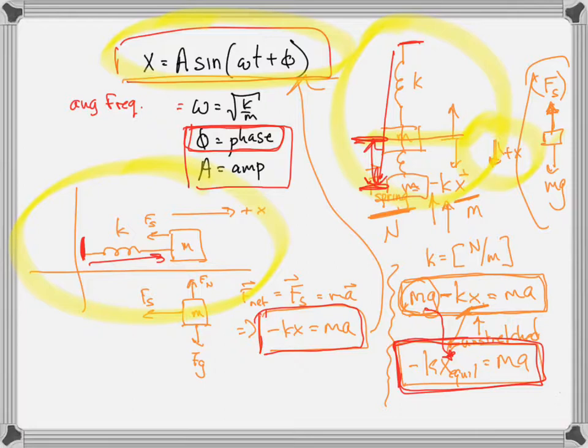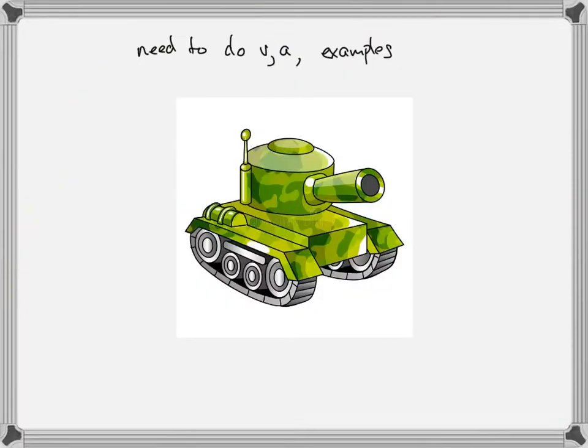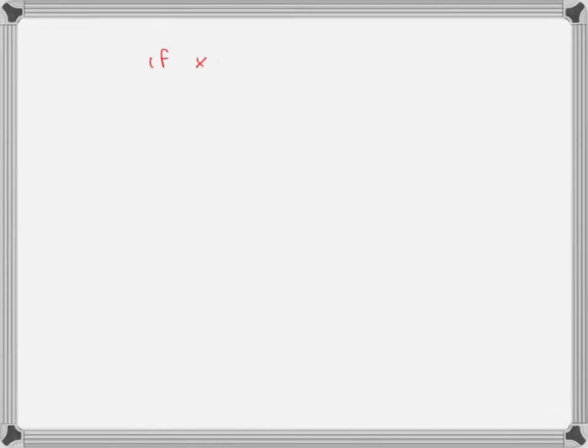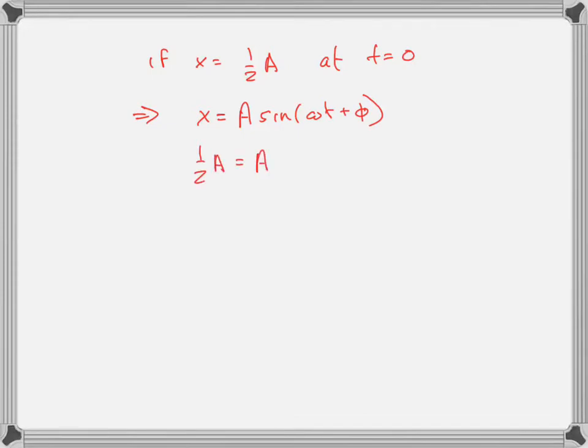For example, let me write on a new page. If x is equal to 1/2 a at t equals 0, in other words we start the stopwatch not when it's at a maximum displacement from equilibrium, then in the equation of motion, x equals a sine omega t plus phi, we can plug in 1/2 a equals a sine omega times 0 plus phi, and this is what defines phi for us.